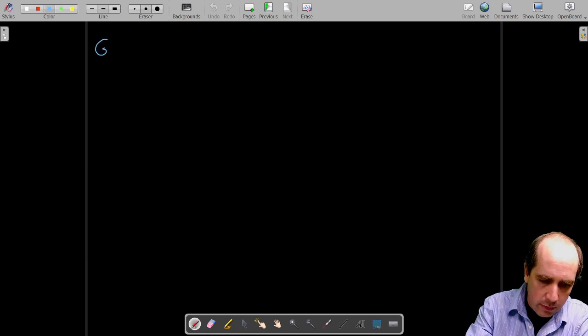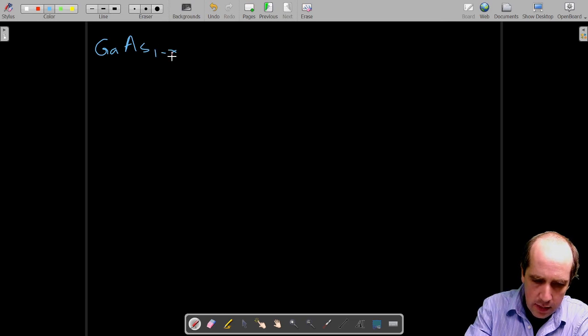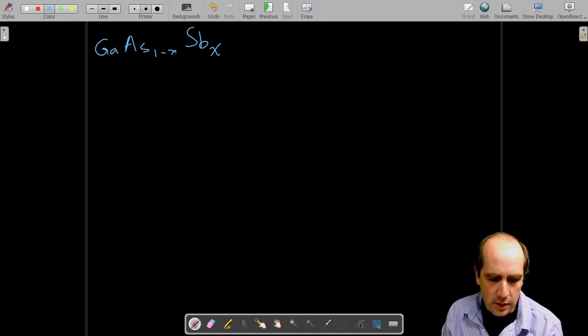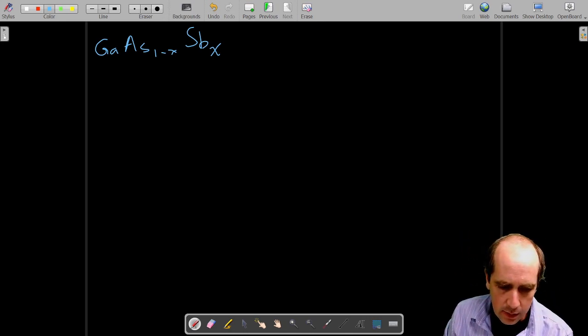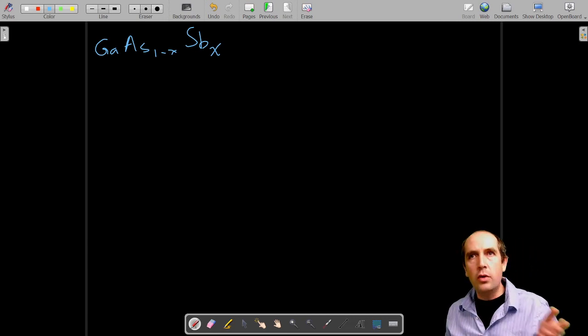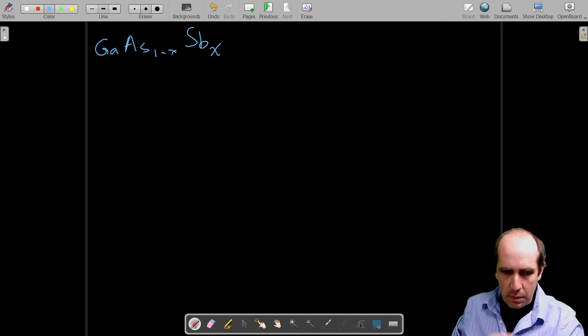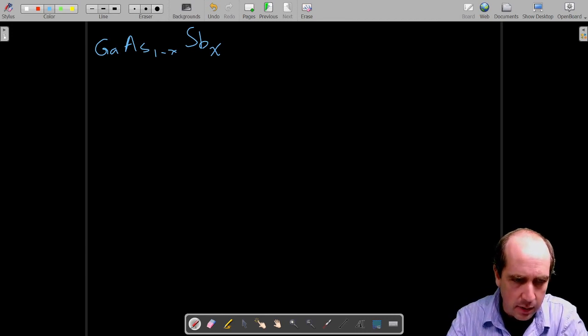So one can have, for example, gallium arsenic 1 minus X, antimonium X. So now we will change the other element. Now we will reduce the amount of arsenic, for example, from gallium arsenide. Again, when X equals 0, we start in gallium arsenide. These are just examples. There are many other alloys that can be made.